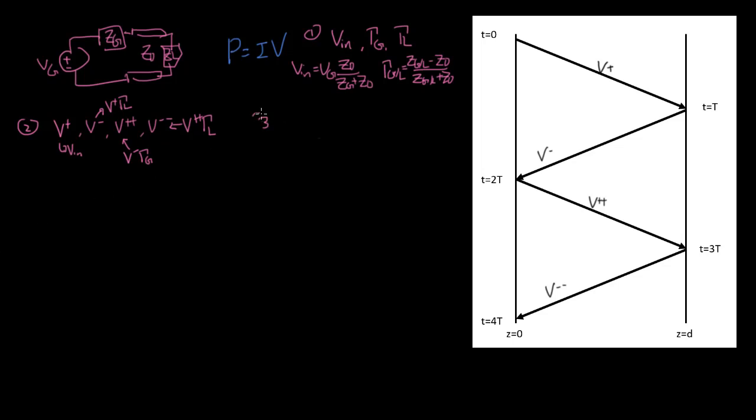Now separately, once you have all these voltages, you will also be able to find the currents. So remember, the trick is that for positive waves, it's just divided by the characteristic impedance of the line. But for a negative going wave, you have to remember to add in a negative sign. So negative V minus over Z0.